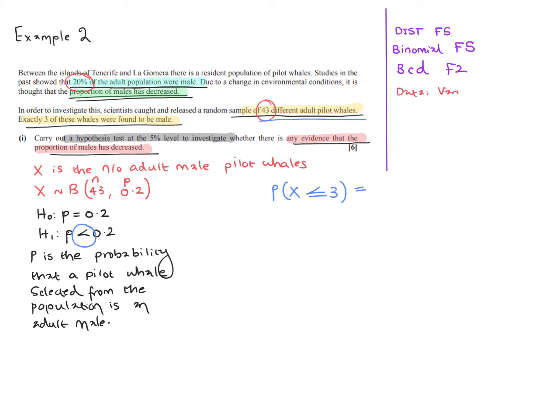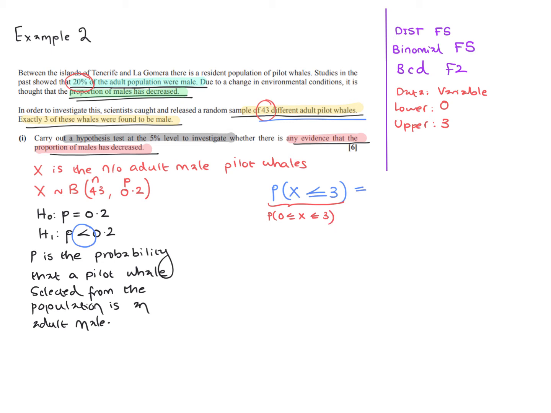and then we need to enter in the probability calculation values for upper and lower. So we're calculating the probability that X is less than or equal to 3, so the upper value needs to be set as 3, and of course the lowest possible value is 0. So effectively the probability that X is less than or equal to 3, we're working out the probability that X is in between 0 and 3 inclusive.